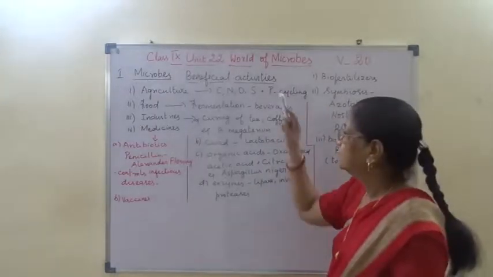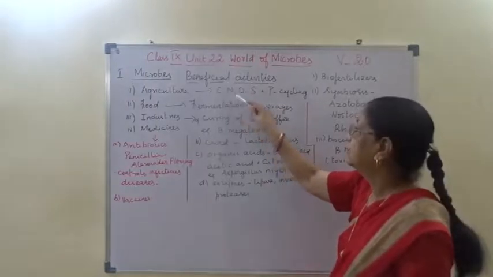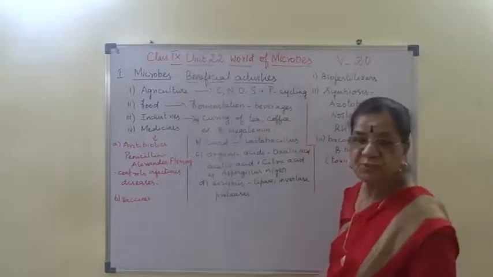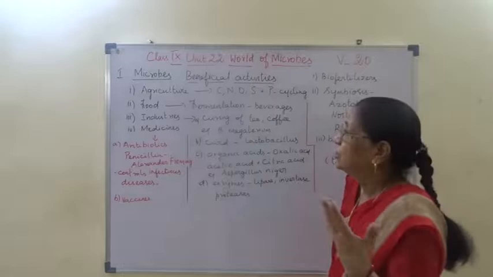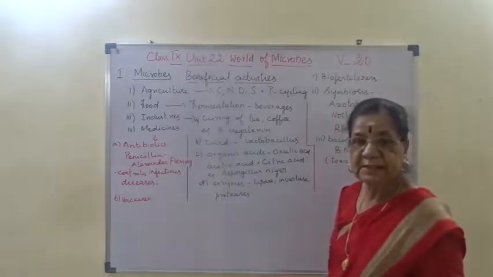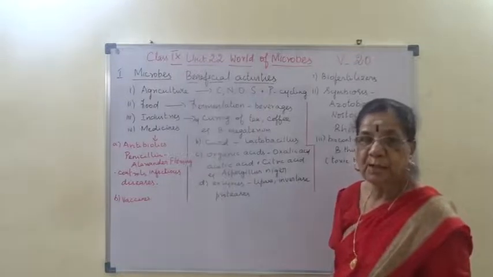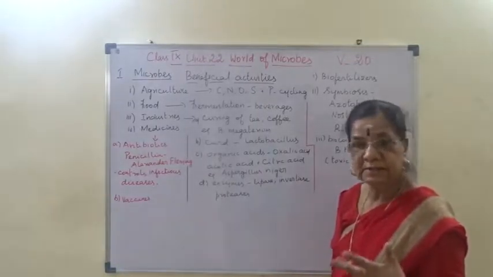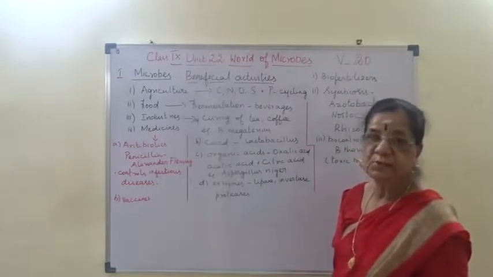In agriculture, the inorganic elements carbon, nitrogen, oxygen, sulfur and phosphorus are recycled. We learn it as the carbon cycle, nitrogen cycle, oxygen cycle. They are together called the biogeochemical cycle. In that way they are enriching the soil with the nutrients.